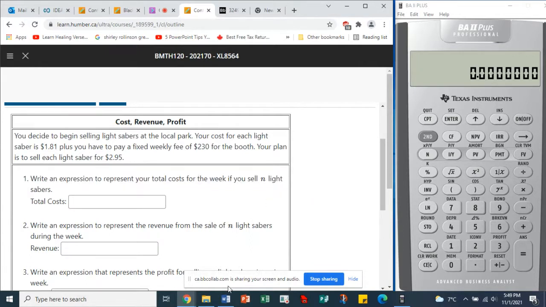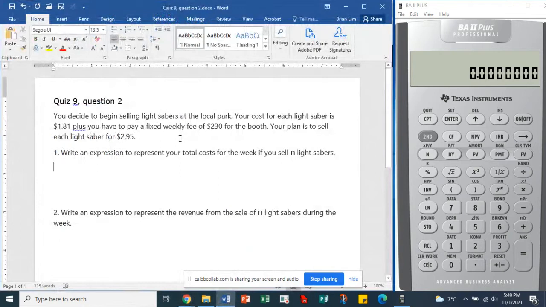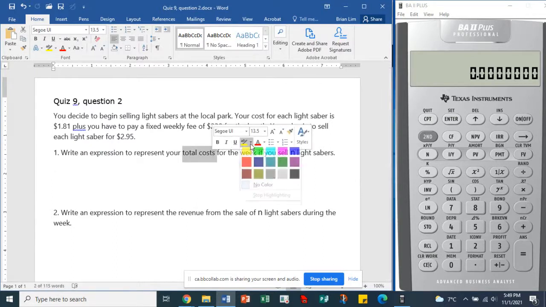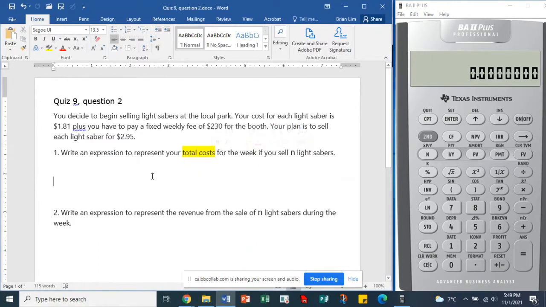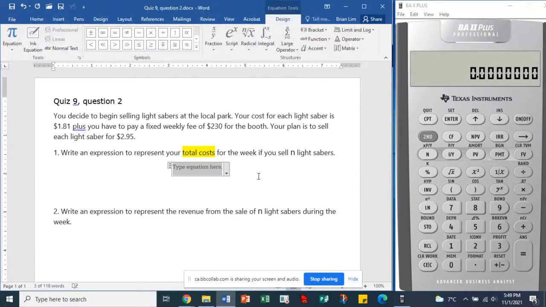Okay, what I did was I made a copy into Word, and this is the same question. So you want to write an expression for the total cost, correct? Okay, so what is that? Well, if you check your equation sheet, you will find that the total cost is equal to the fixed cost plus the total variable cost.